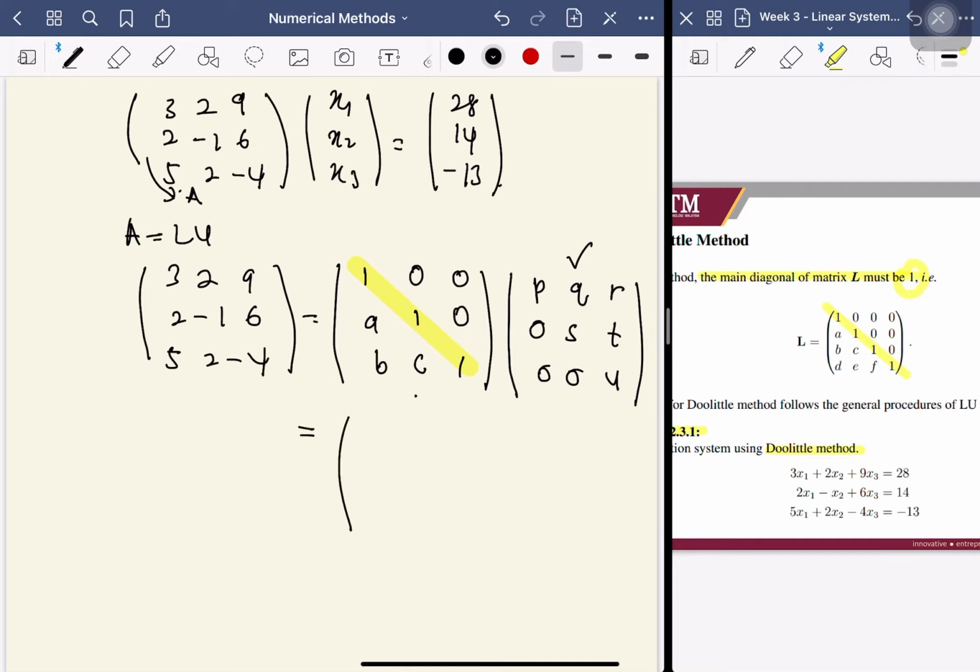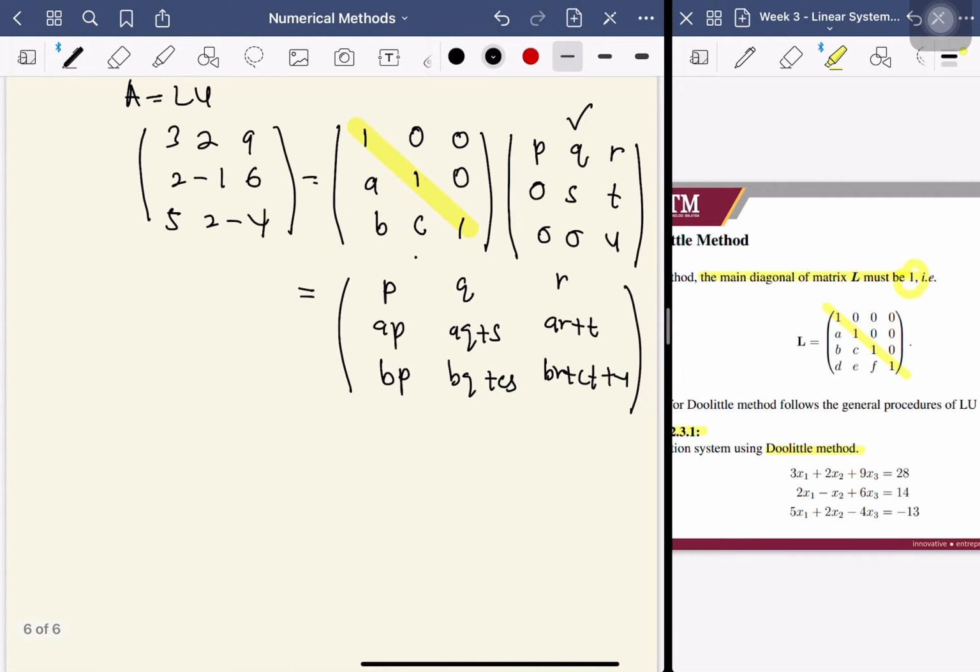By using matrix multiplication, you will get P here, AP, then Q, AQ plus S, BQ plus CS, then R, AR plus T, BR plus CT plus U. When we talk about the Doolittle method, the general form should always be like this. So we will use this form actually.